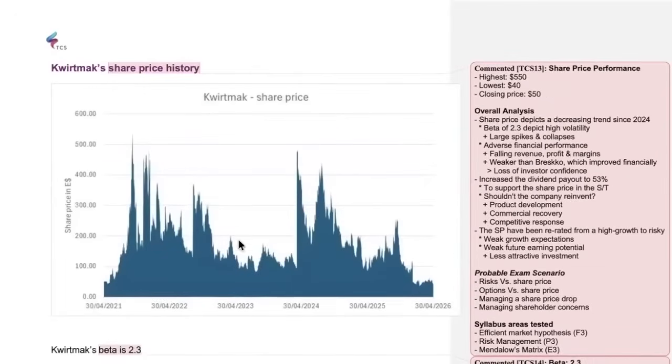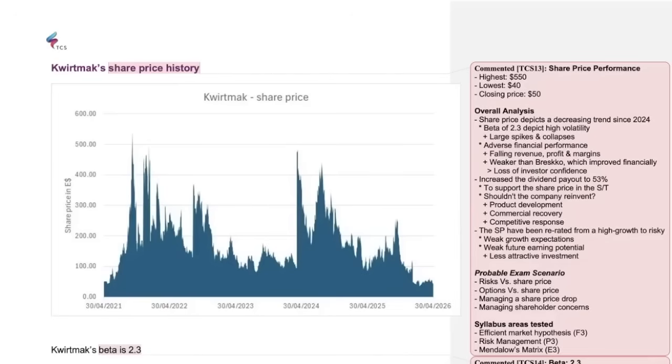If you look at this share price chart, you can see that there are large spikes and collapses. All of a sudden the share price increases, but within a month it collapses. So this indicates the fact that our shares are highly volatile.